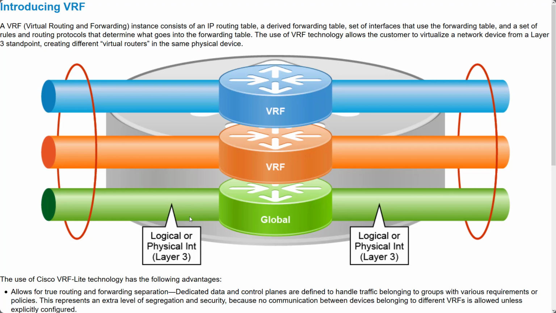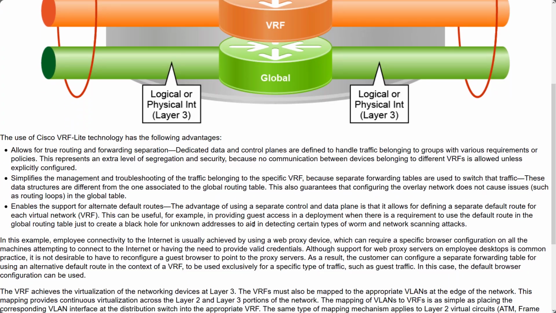All right. In addition, network functionality is improved because the network paths can be segmented without requiring multiple physical devices. All right. Now, the simplest form of VRF was something that we referred to as VRF Lite.